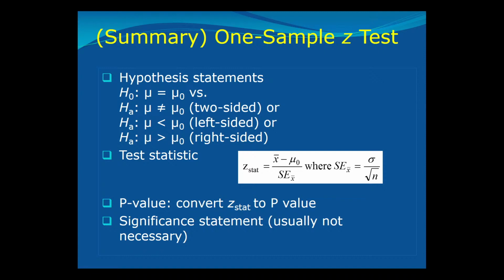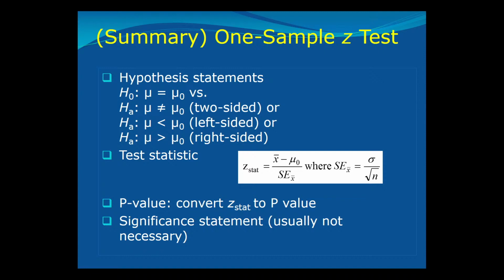Then, if we are interested in the direction, we should use a one-sided test, left-sided or right-sided, according to the side we are interested in. We should use a less than sign or a greater than sign. For the less than sign, we should use left-sided. For the greater than sign, we should use right-sided.